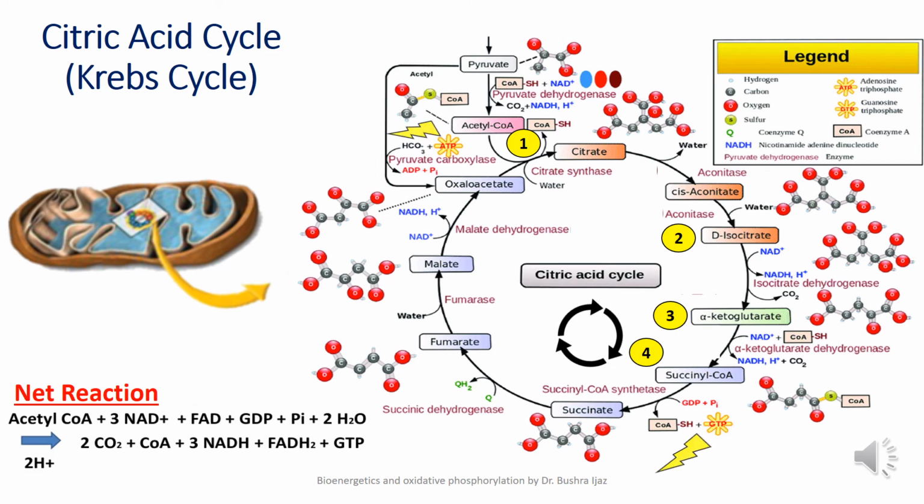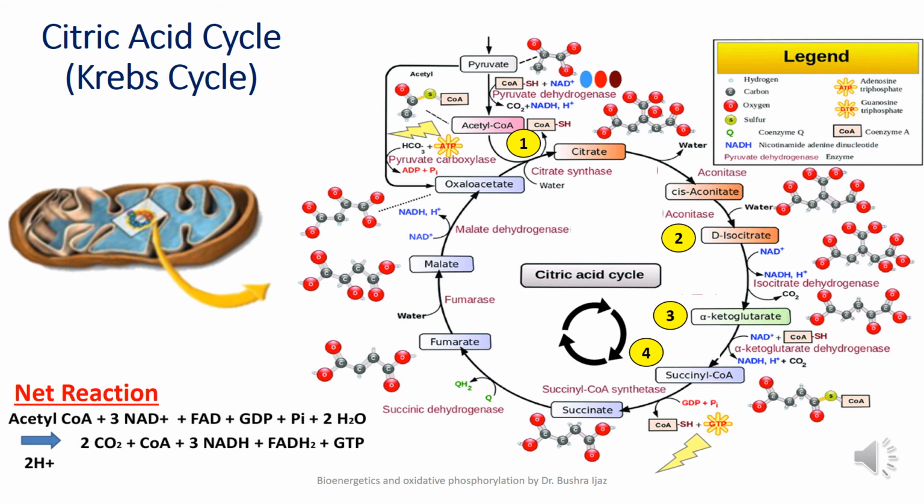This step is also regulated by negative feedback from ATP and NADH and by a positive effect of ADP. Step 3 and step 4, these are both oxidation and decarboxylation steps, as you can see, and they release electrons that reduce NAD+ into NADH and release carbon dioxide, or a carboxylic group from the molecule.